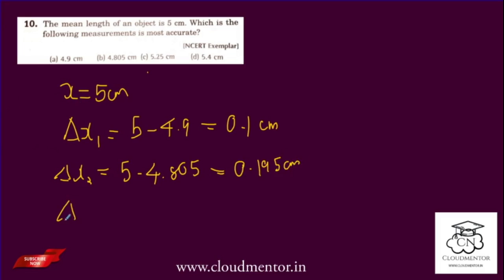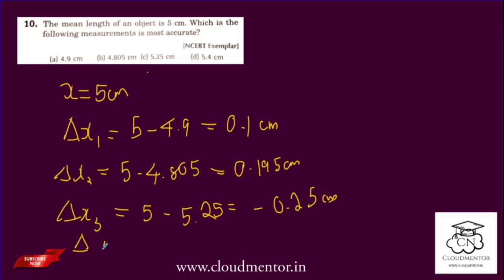And delta x3 is equal to 5 minus 5.25, which is equal to minus 0.25 centimeter.